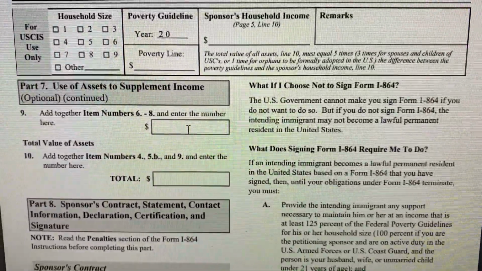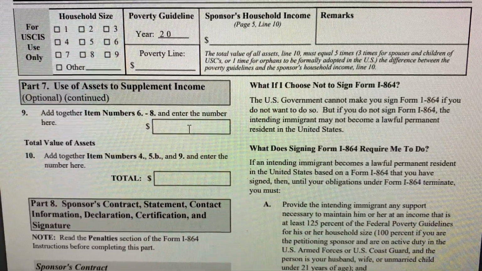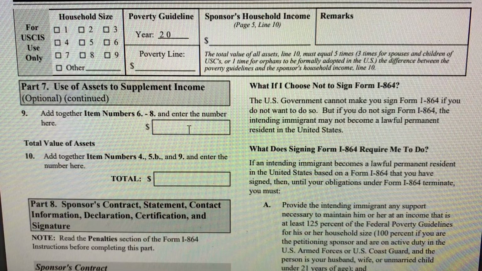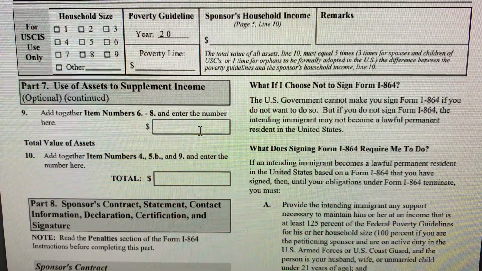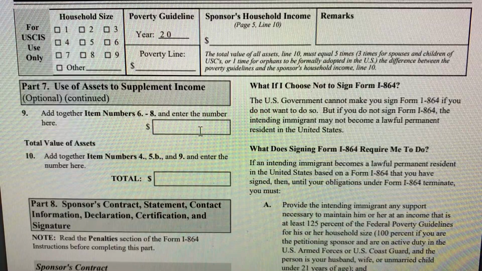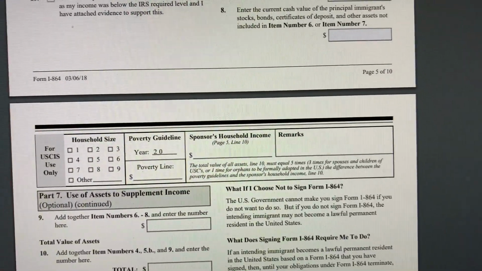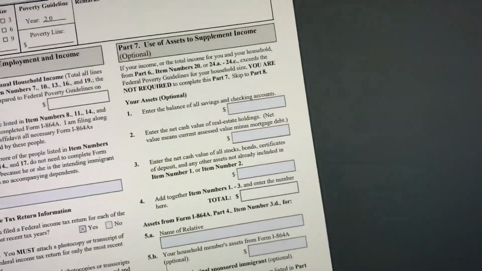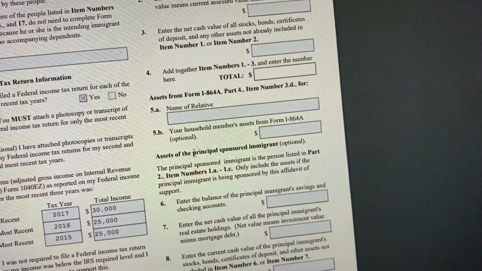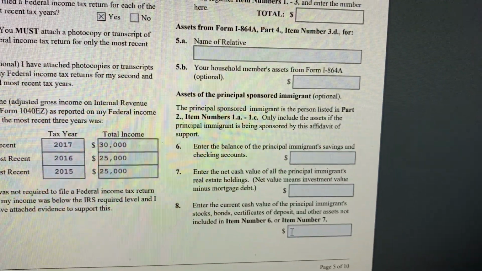Total value of assets: add together numbers 4, 5B and 9. Item number 4, 5B and 9. This one.